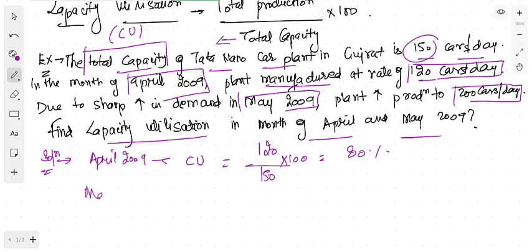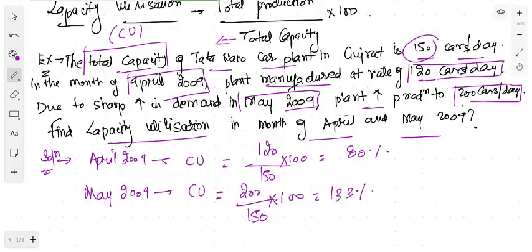And in May 2009, our capacity utilization will be equal to 200 cars per day divided by 150 into 100, which is equal to 133%.